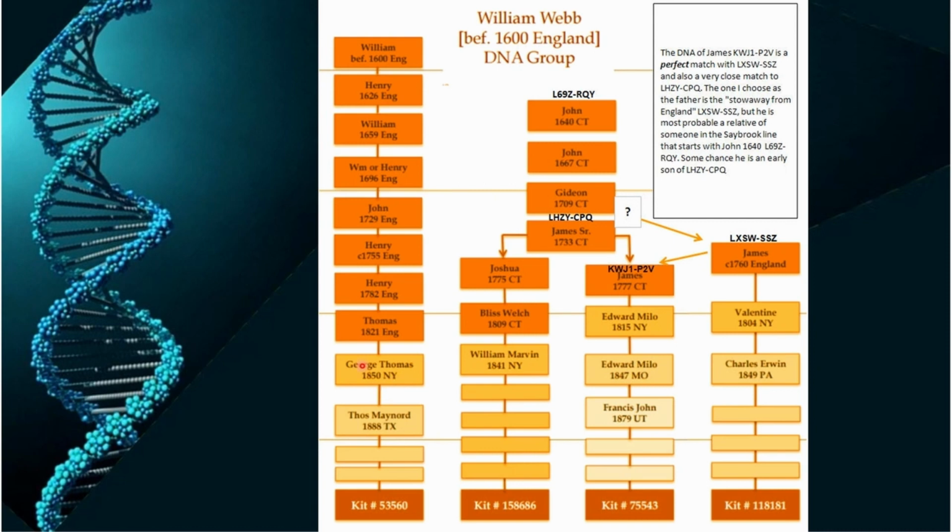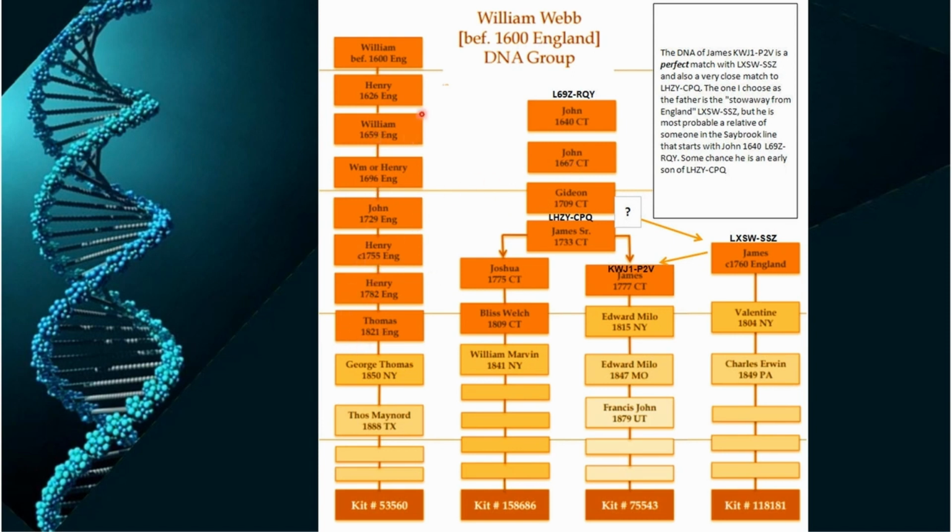So you'd think we could make that jump back to Thomas, 1821 in England, but I haven't found good data. And I've sent emails back and forth, never get an answer on where's your data for this line. We know we're connected by DNA, but it's just not been useful.